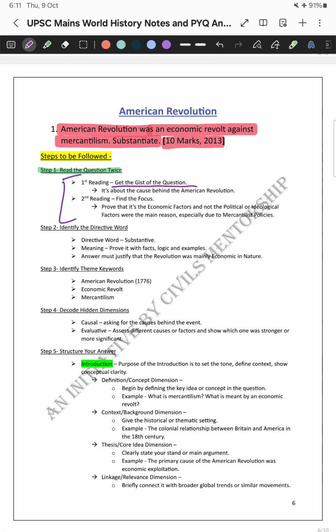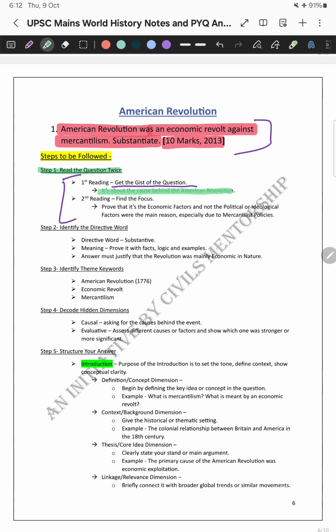Let's talk about this particular question. What is the question saying? American Revolution was an economic revolt against mercantilism. On the first reading, you need to get the gist of the question. For this question, what is the gist of it?